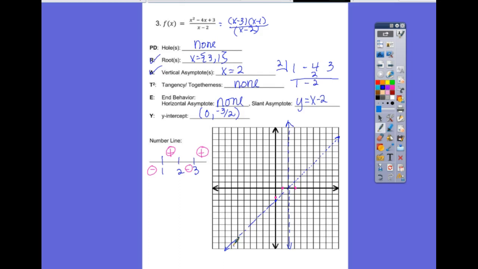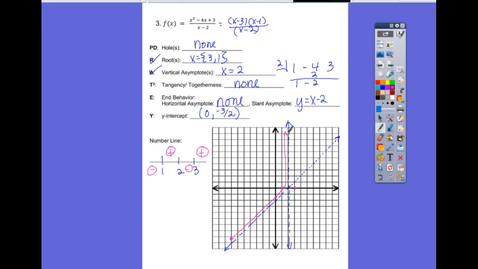So from 1 on is negative. So it's going to go like this. And then from 1 to 2 is positive. So that has to go this way.